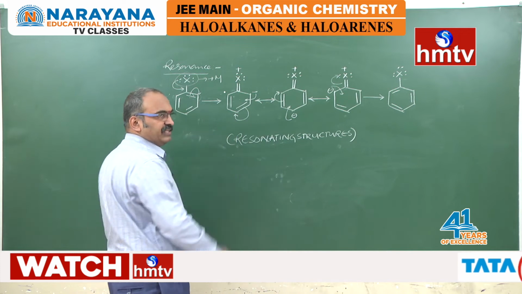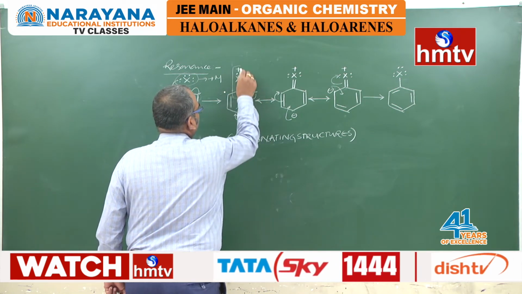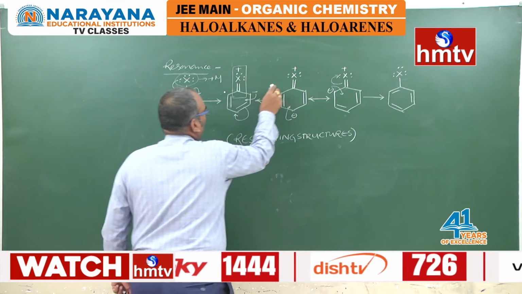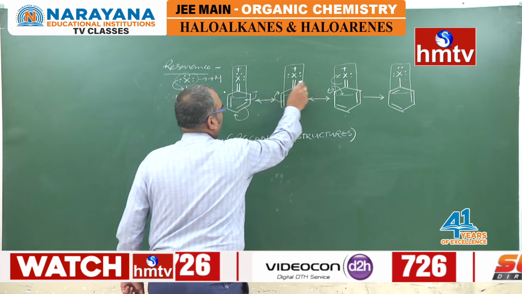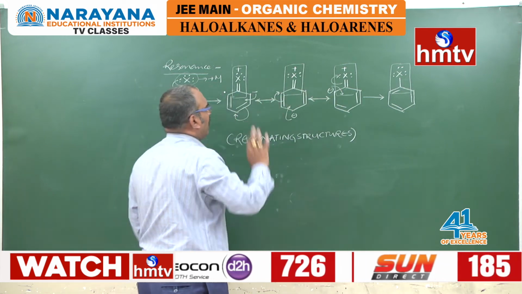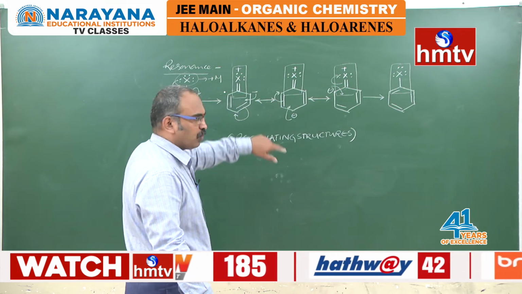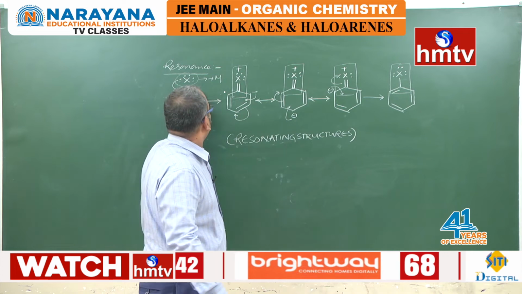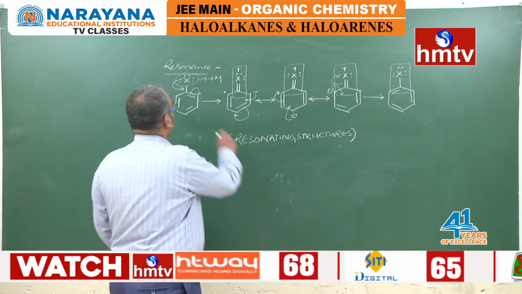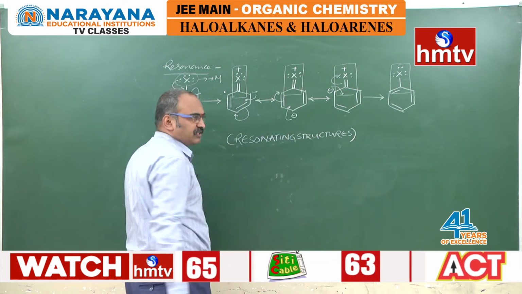In these resonating structures, if you clearly observe, the C-X bond is getting partial double bond character. Double bond, double bond, double bond, single bond, single bond. All together in all resonating structures you have 2 plus 2 plus 2, 1 plus 1. 8 bonds, 8 sigma bonds between C and X, across 3 double bond structures and 2 single bond structures.